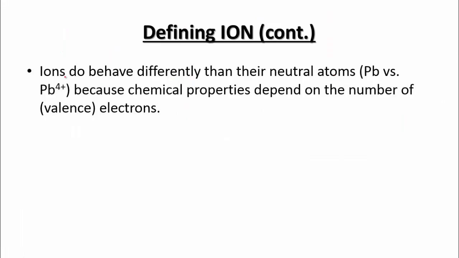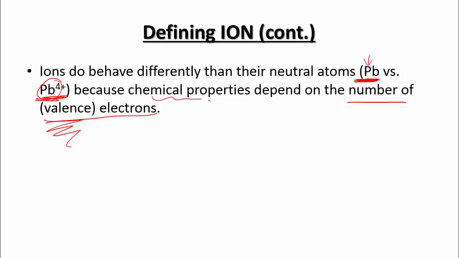Talking about ion behavior, ions do behave differently than their neutral atoms. So if we're talking about the pure metal of lead, that's what Pb is, and we're talking about the ion form of lead, maybe like 4+ for a charge there, they do behave differently from each other. So the element behaves differently from the ion because chemical properties depend upon the number of electrons, and we'll put in parentheses valence electrons. And if you remember back to 9th grade, valence electrons are the outermost electrons.